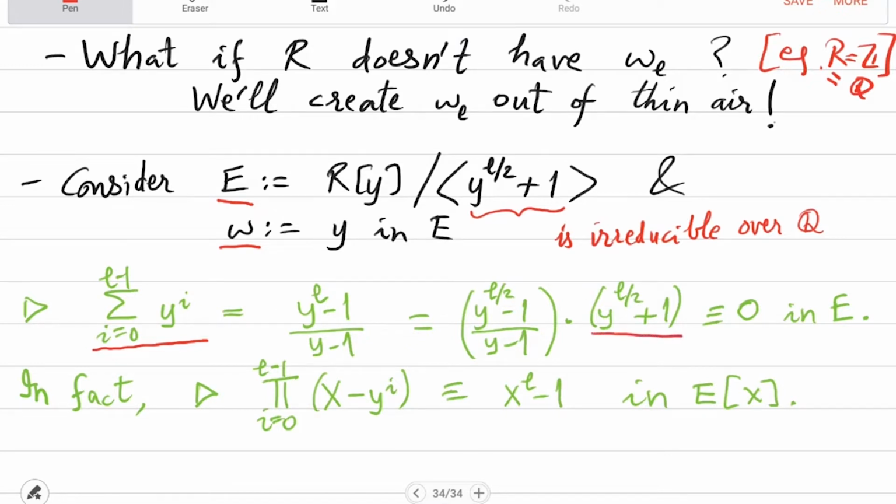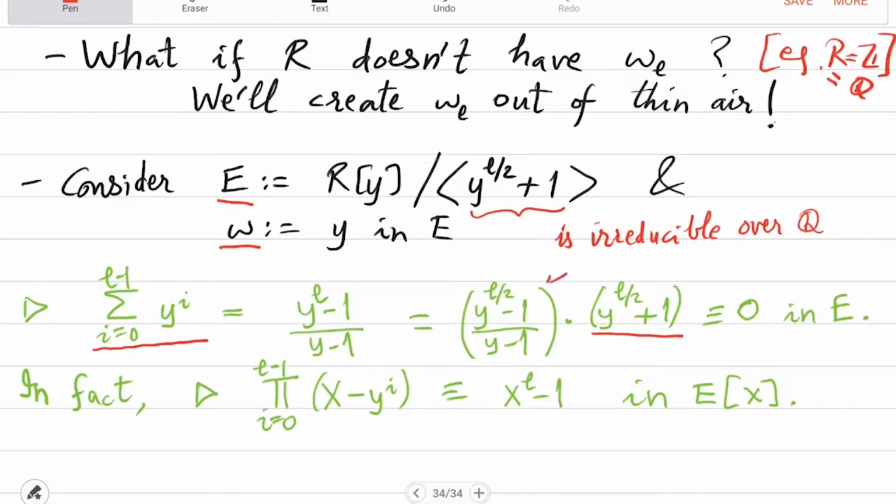You express it as a sum of a difference of squares, so you get the difference times the sum. And note that y minus 1 divides the first expression, so we can separate.